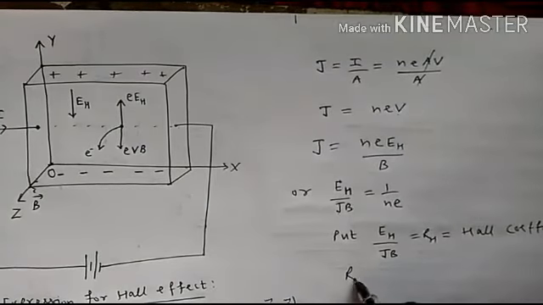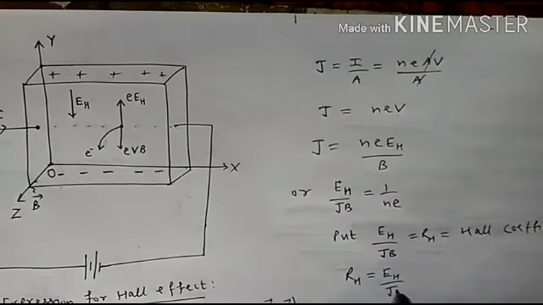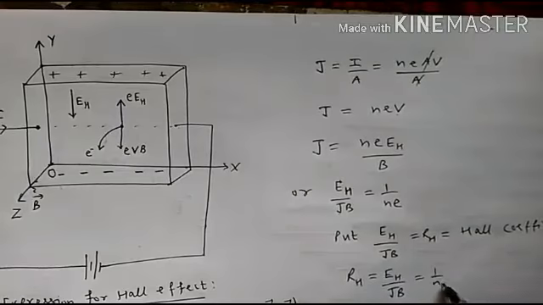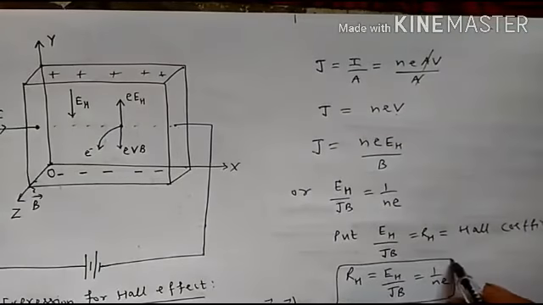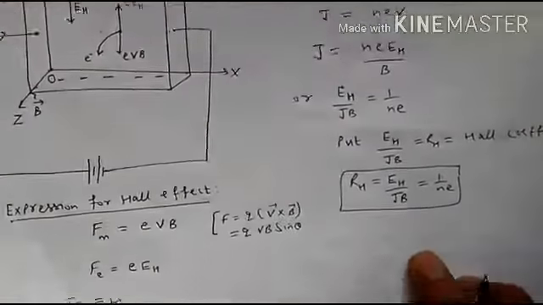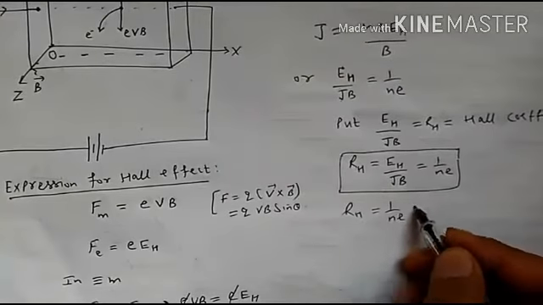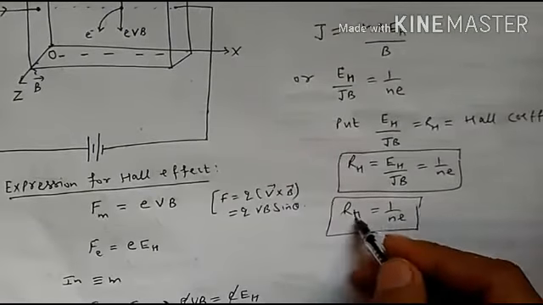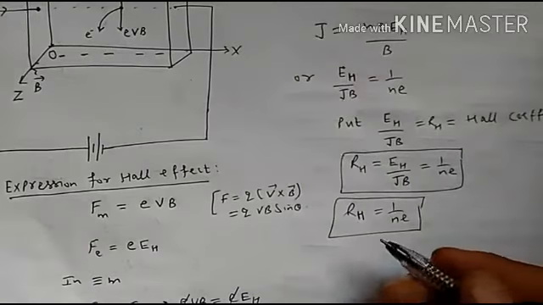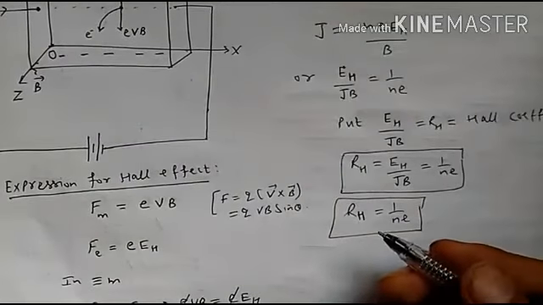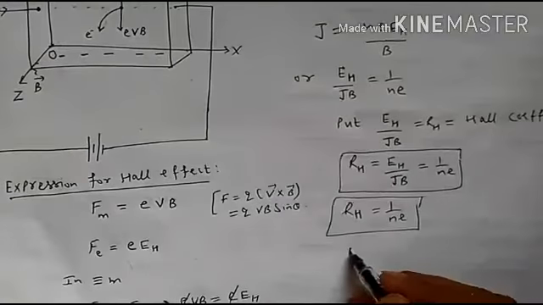Therefore we get RH equal to EH upon JB equal to 1 upon ne, or we can write RH equal to 1 upon ne. This is a required expression for Hall coefficient for n-type semiconductor.